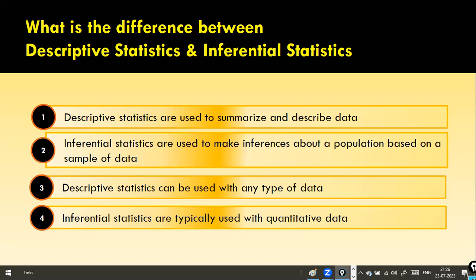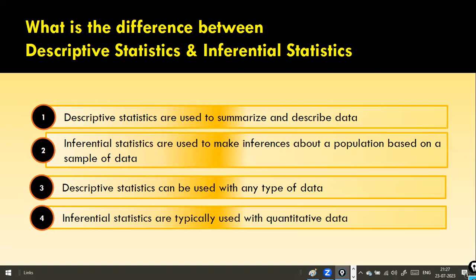Just because you take the average of one specific team, can you generalize that all 250 salespeople put together achieved 70K on average? With descriptive statistics, you cannot do it. That is where inferential statistics comes into the picture. Using inferential statistics, you can make inferences about a population based on sample data.